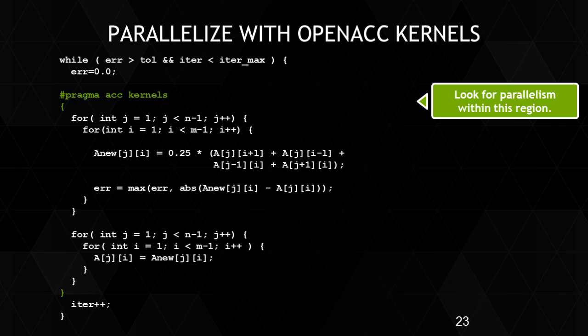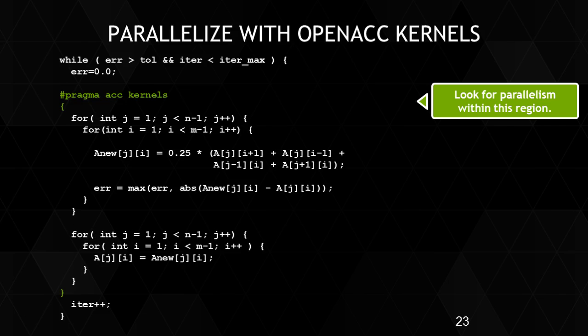If you do that, it's probably not going to work, because the compiler will encounter that loop. It'll realize that that loop is not parallel, and it probably won't go any further into that loop to find parallelism. So it's really important where you place this in your code. You need to understand where in your code there may be parallelism and point that out to the compiler, and then allow the compiler to parallelize it.